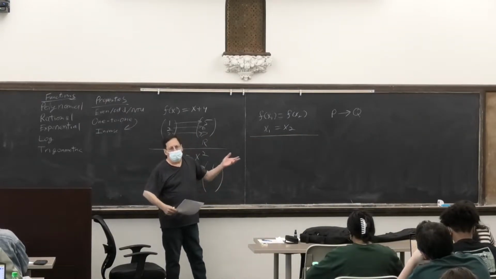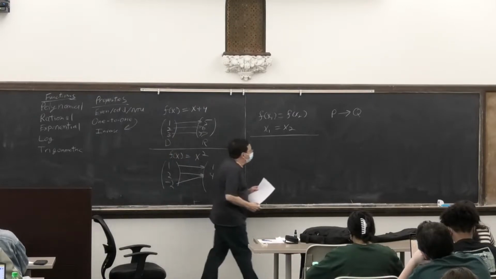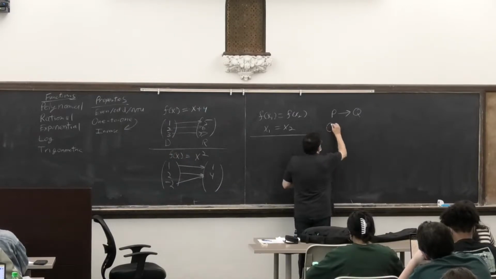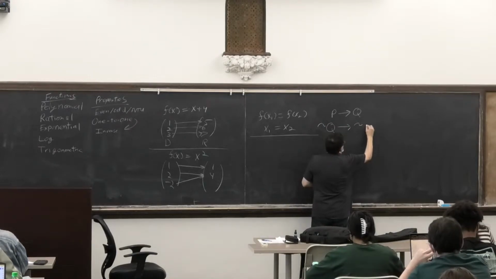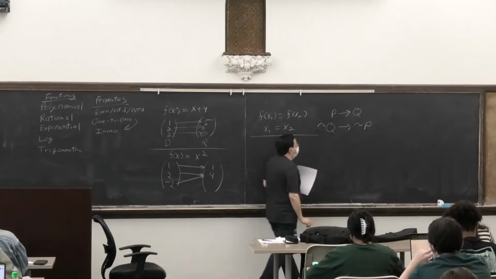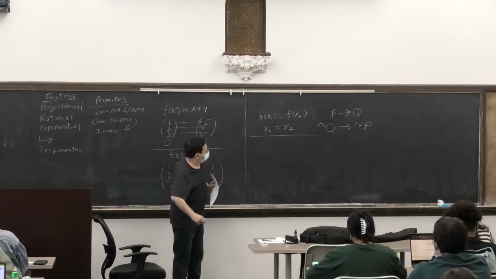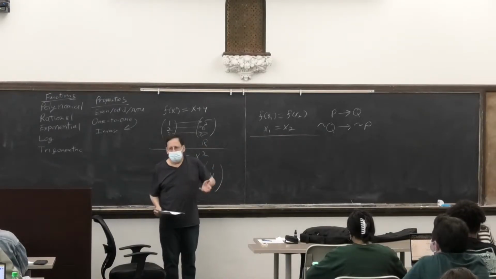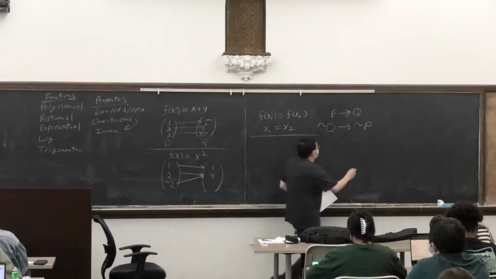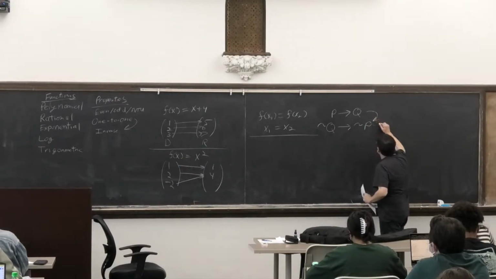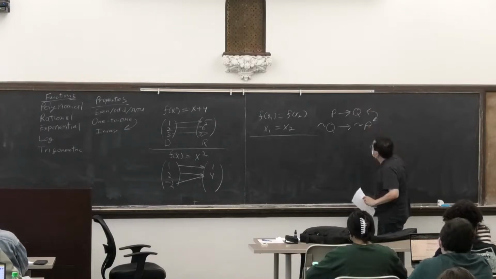You have P, then you have Q. The contrapositive is the statement not Q implies not P. Now this is a really, really important idea in mathematics, very fundamental. And it's good to have some feel for why that might be true. In other words, if this is true, this is automatically true, and vice versa.